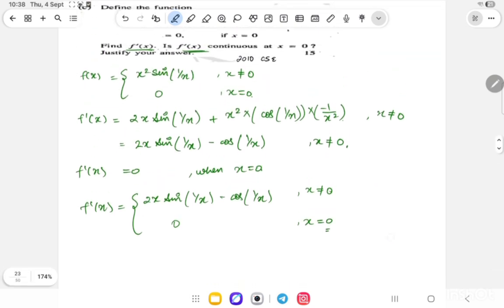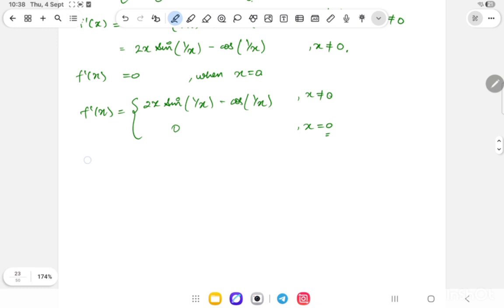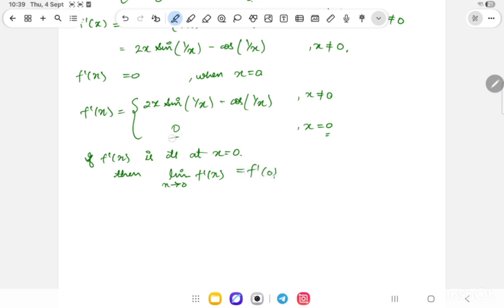Now I am supposed to check if this f dash x is continuous at x equals 0 or not. If f dash x is continuous at x equals 0, then the limit as x approaches 0 of f dash x must be equal to f dash 0. f dash 0 is 0, so this limit must be equal to 0 for f dash x to be continuous.